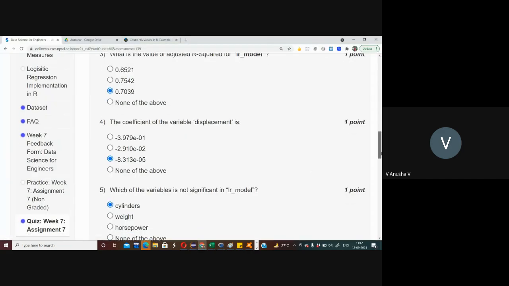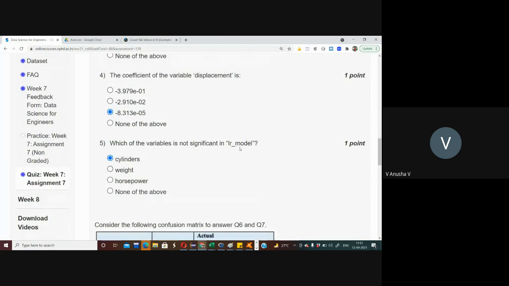Now they are saying which of the variables is not significant in the LR model. How can you check the significance of each variable in the LR model? They have already given us some options. We need to look at the p-value.